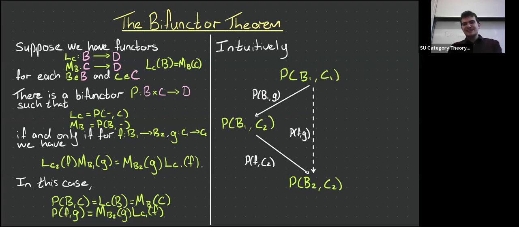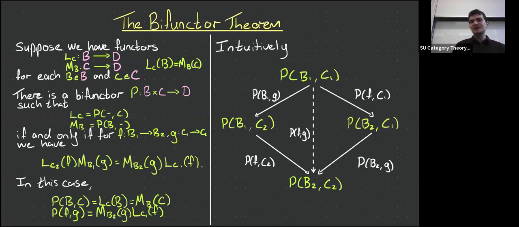But notice that we've made an arbitrary decision of which to use first, F or G. Alternatively, we could have fixed the C object and applied F first, and then fixed the B object and applied G. We just want these two paths by which we could define this to be the same. And that's where that equation comes from.